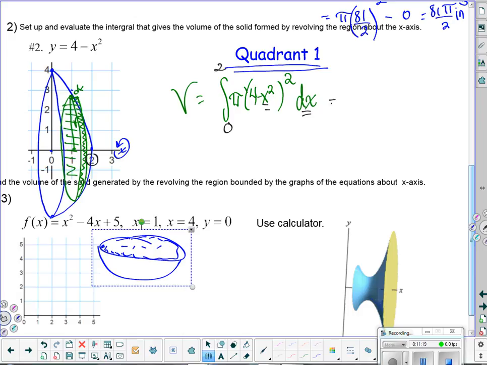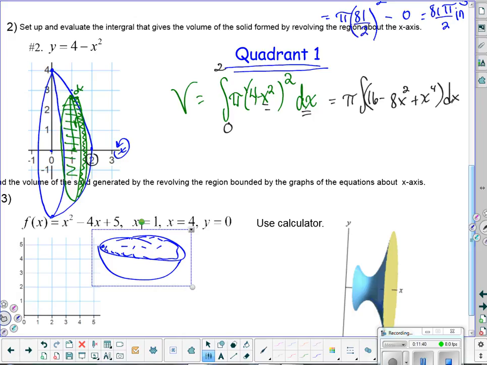Square that out. So if we square this, we're going to have a pi times 16 minus double the product, 8x squared. Square the last thing, the x to the 4th. Take your integral.